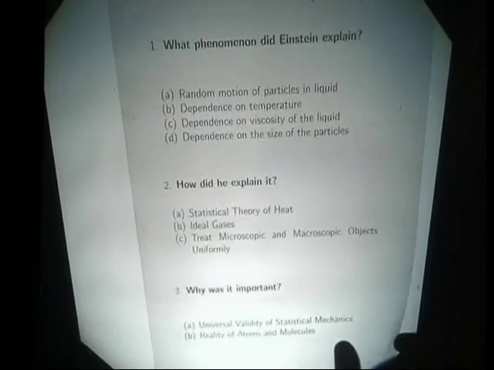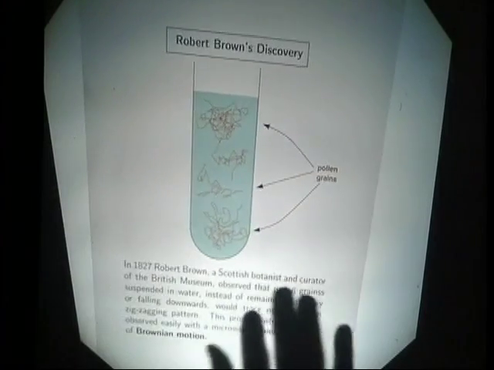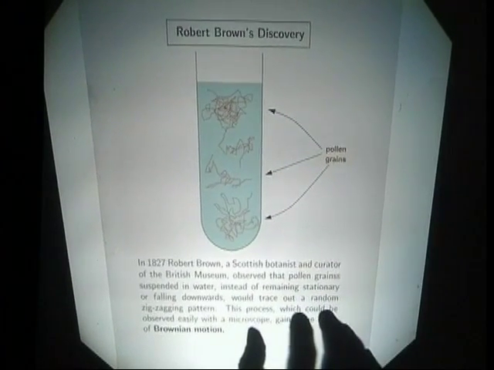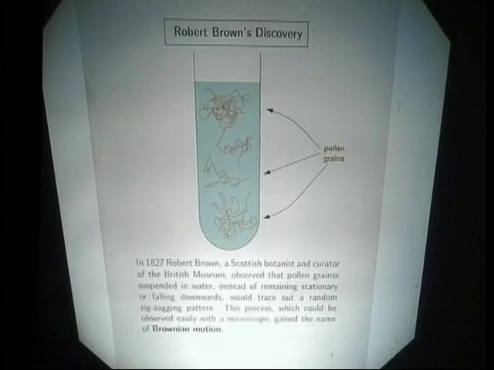Okay, our story will begin not with a physicist, but with a botanist by the name of Robert Brown, a Scottish botanist and at the time curator of the British Museum, who observed that pollen grains suspended in water, instead of remaining stationary or falling to the bottom of the suspension, would move around randomly, apparently at random, in jagged, zigzagging motions, tracing out a path which didn't seem to have any real pattern to it.